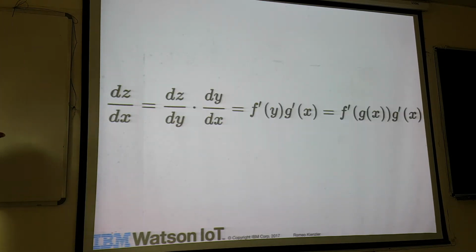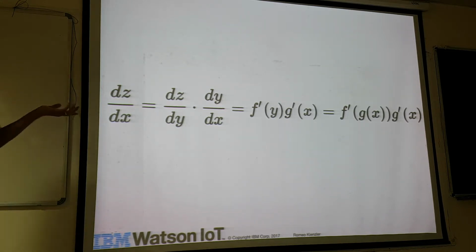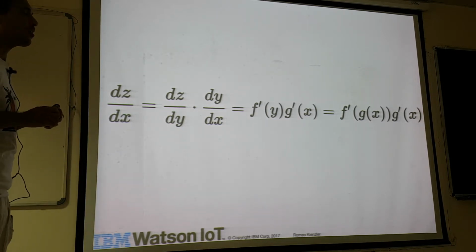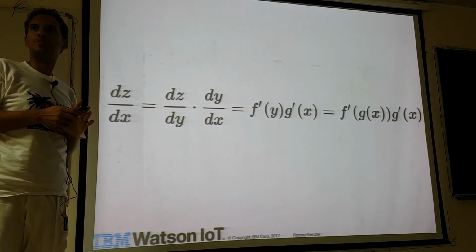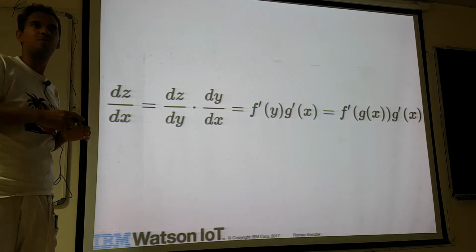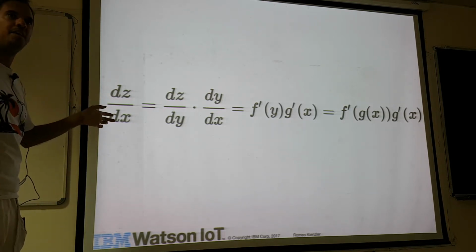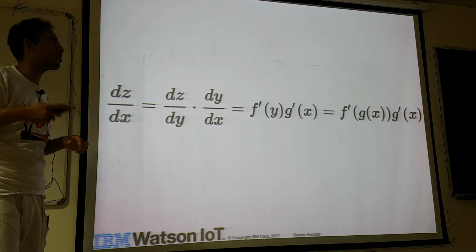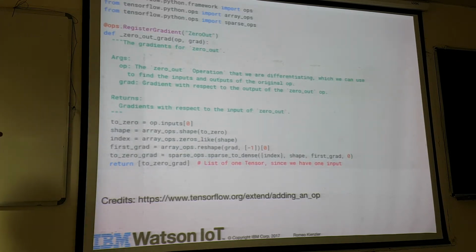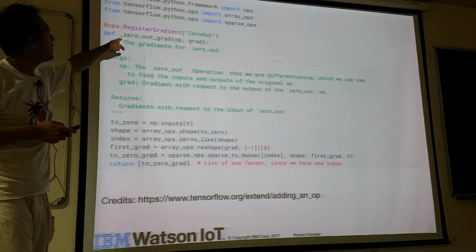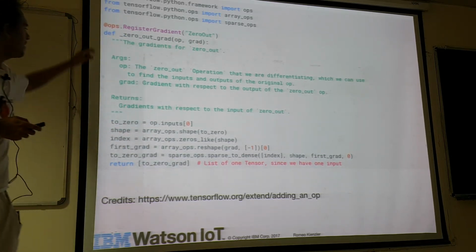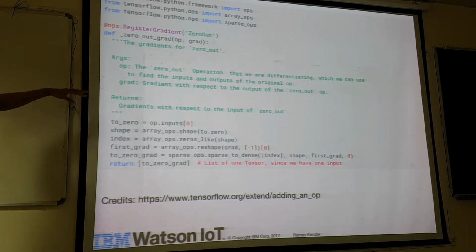And using the rule for partial derivatives, TensorFlow can automatically construct the derivative of each and every graph you are expressing. That's the cool thing. So you can come up with any linear algebra, any type of neural network. TensorFlow automatically creates the first derivative, and that's how it looks in code. So you register a gradient function for the zero out operator, which looks like that, and then from that time on, TensorFlow knows how to take the first derivative.